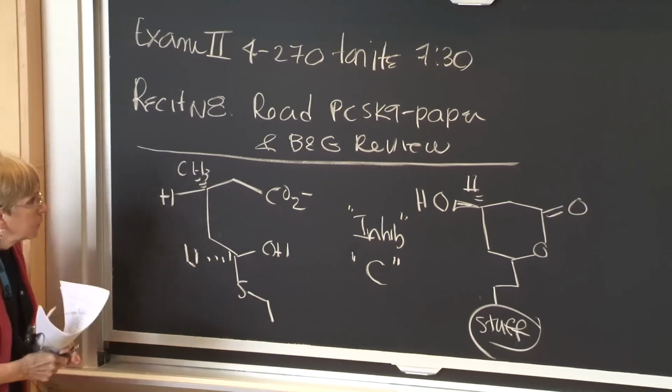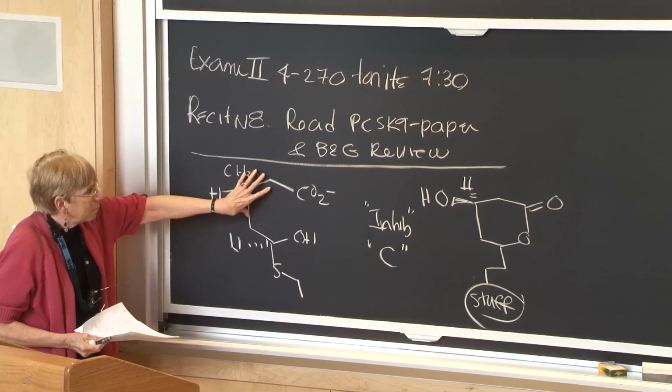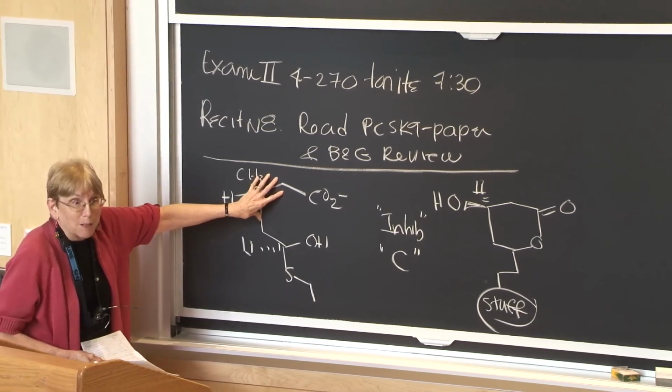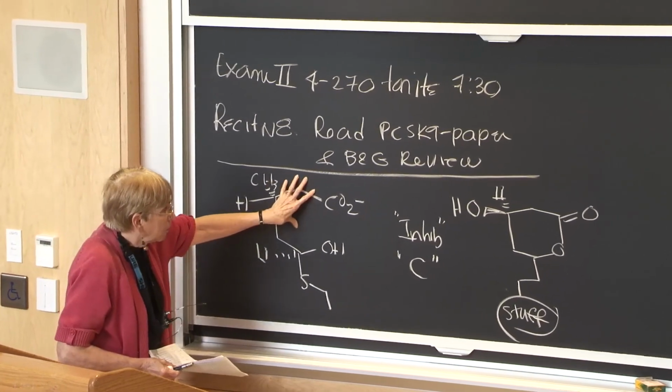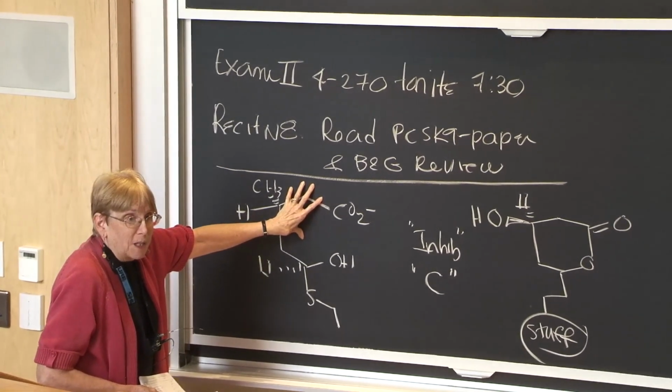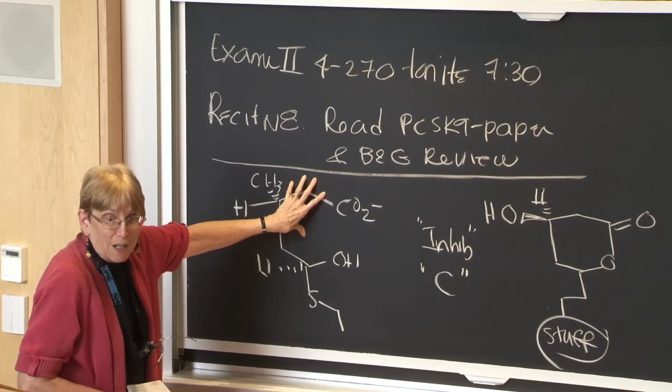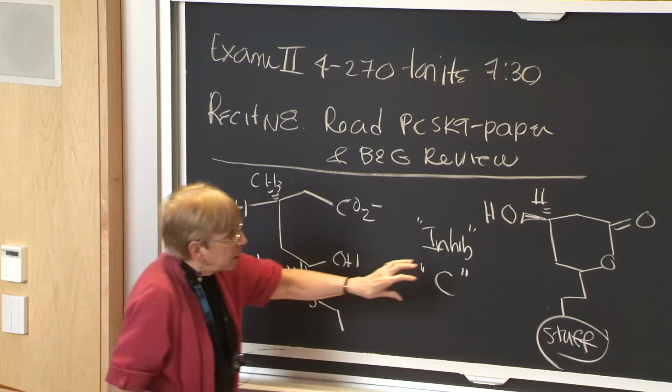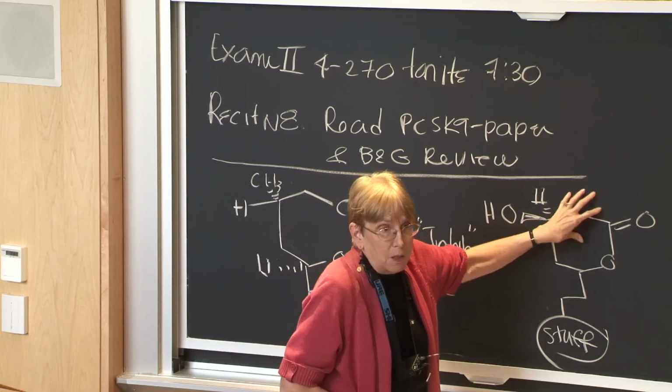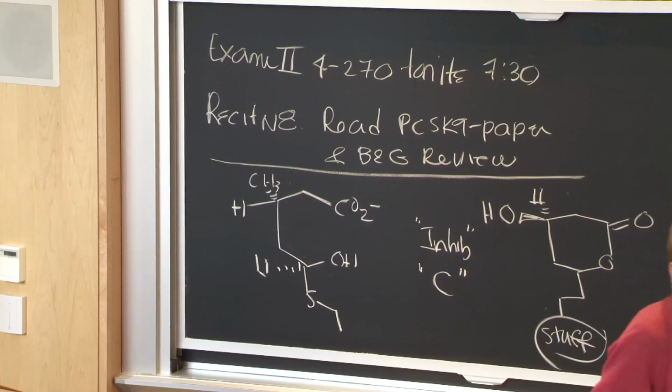If you look at this, they're not exactly the same, but it's proposed to be a model of this particular intermediate in the reaction. So this is the thiohemiacetal. But here I've drawn a lactone rather than an acid.